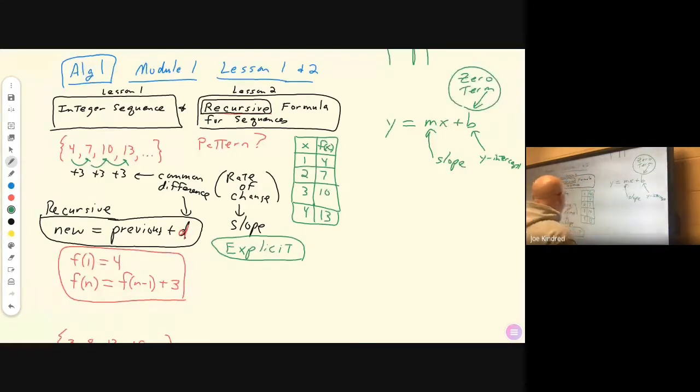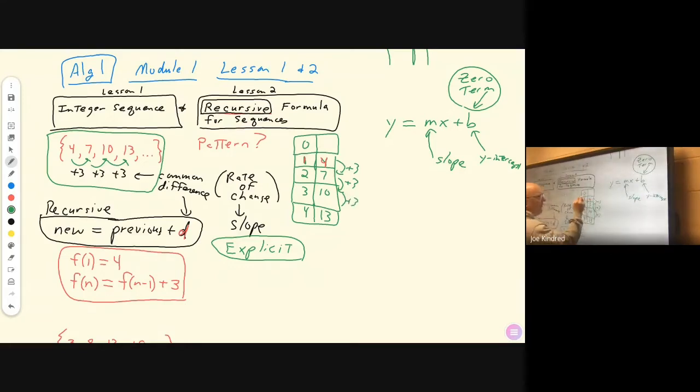Okay, so in effect, if we take what we know about this sequence, and we know that we have the first term here, what if we wanted to know the zero term? What if we took this table and we said, can we find the zero term? In other words, we know that going this direction, adding 3, adding 3, adding 3.